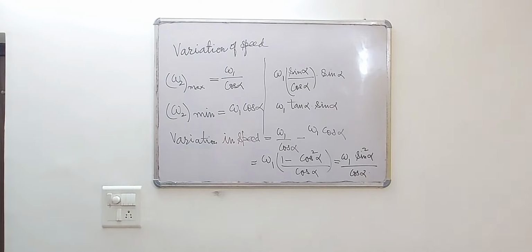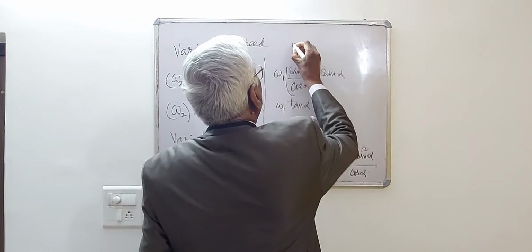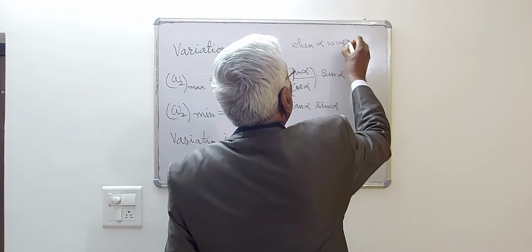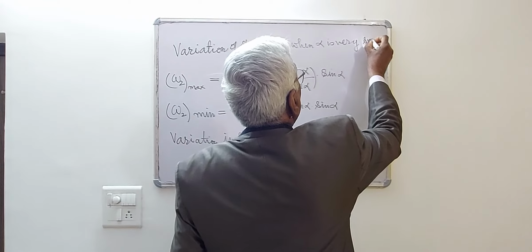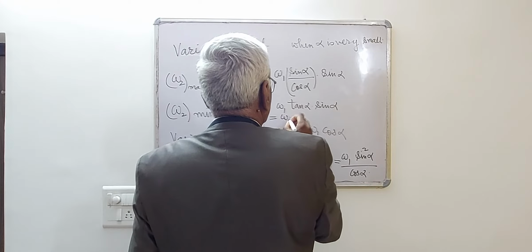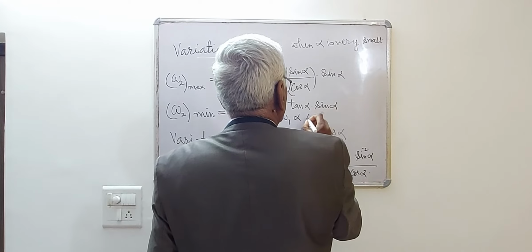When the value of alpha is very small, tan alpha is equal to alpha and sin alpha is also equal to alpha.